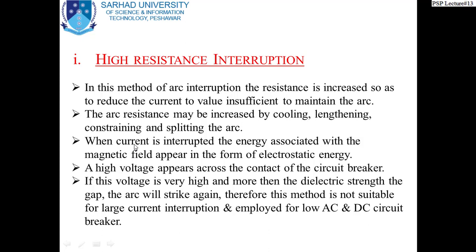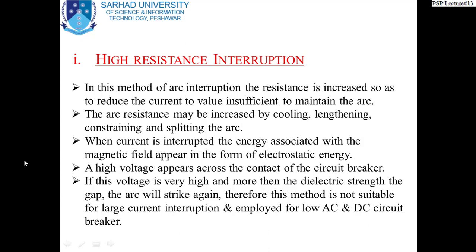When the current is interrupted, the energy associated with the magnetic field appears in the form of an electrostatic field. Now, gentlemen, this is very simple. Whenever the current is flowing, we have electromagnetic energy, which depends upon the flow of current. When the flow of current is interrupted, when the arc is extinguished, this electromagnetic energy appears in the form of electrostatic energy, that is, voltage appears across the terminals of the circuit breaker.